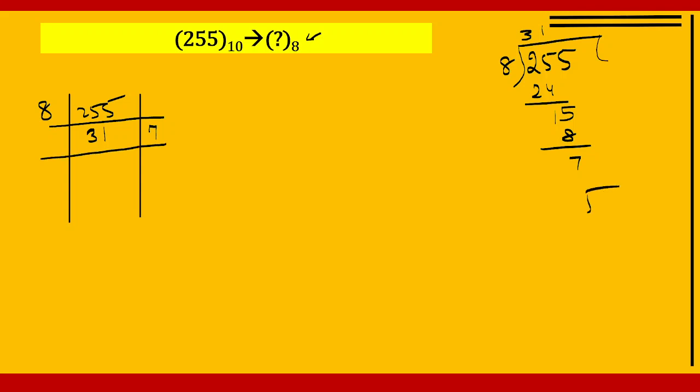Now we will divide 31 with 8 and your remainder will be again 7. So 31 divided by 8, 3 is the quotient and 7 is the remainder. Now 3 divided by 8, that becomes 0 and 3.